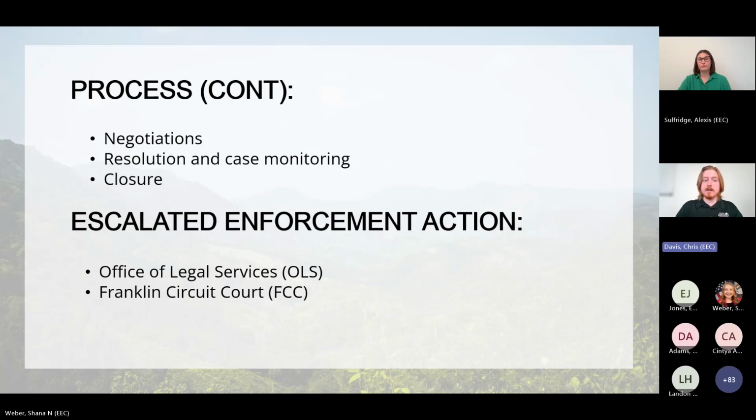That will call for escalated enforcement action, where we end up referring the case up to our Office of Legal Services, or if an agreed order is not being enforced, that can end up in Franklin Circuit Court to enforce the agreed order and its terms and conditions. I know you all won't go there, but that's just what will happen if we're not able to resolve the case here at the Civil Enforcement Branch.